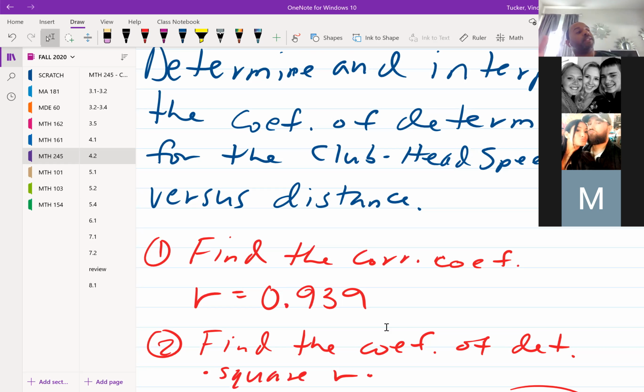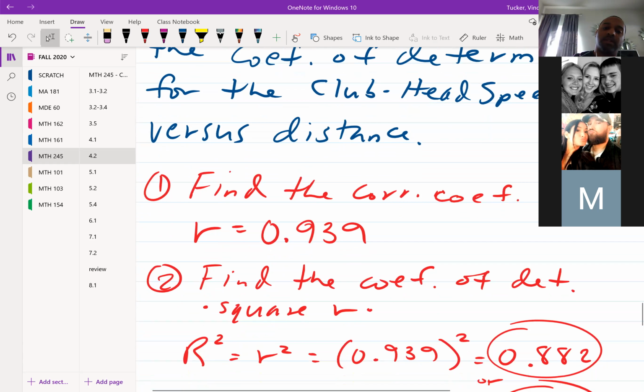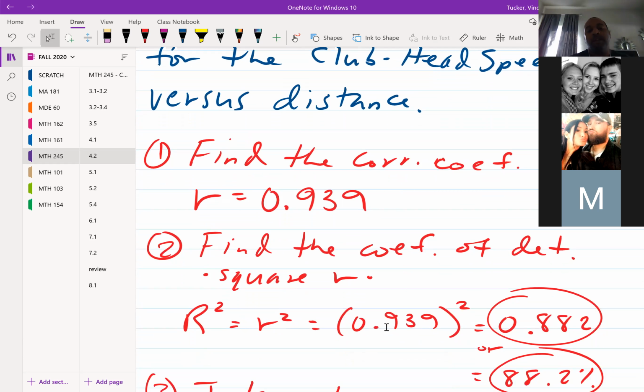If you were to put that data into a calculator or run the formula yourself, you would get your correlation coefficient to be 0.939. So to find the coefficient of determination, you would square that, and that would be 0.882, which is 88.2% if you convert that to a percentage.